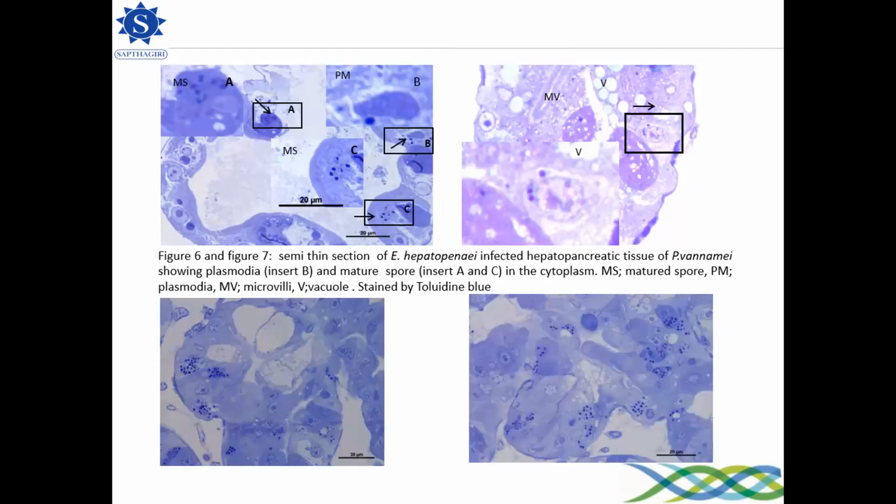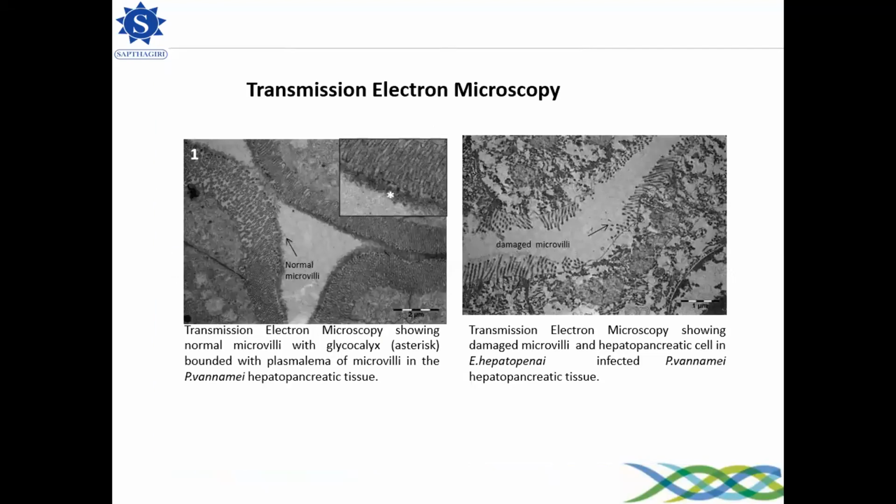You can see different life stages of EHP in the same tissue of the hepatopancreas. So this is the picture, a transmission electron microscopy of healthy and EHP infected hepatopancreas.